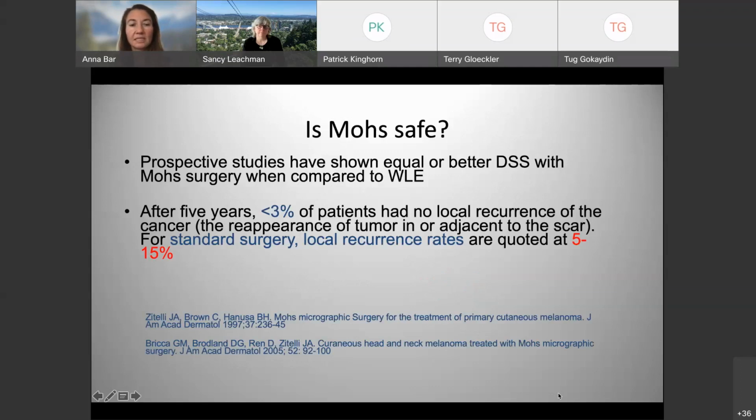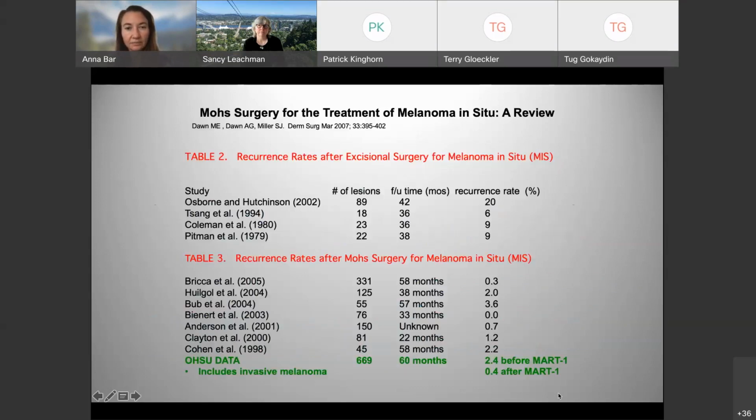So many studies have shown that Mohs has a very good survival benefit for patients with early stage melanomas when compared to traditional wide margin excisions. And many of the patients had no local recurrences of the skin cancer. In fact, the rate of local recurrence was actually better than when bigger margins were taken or the margins were taken as an excision.